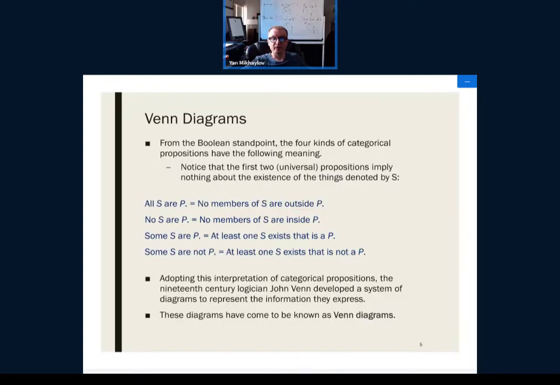Okay, Venn diagrams. What are the Venn diagrams? This is something which will help us to evaluate truth values of propositions and make inferences and understand why in particular a particular inference is valid, why it can be invalid.